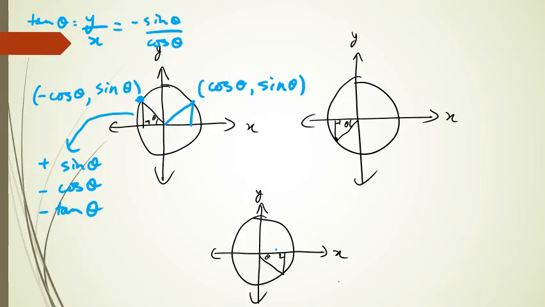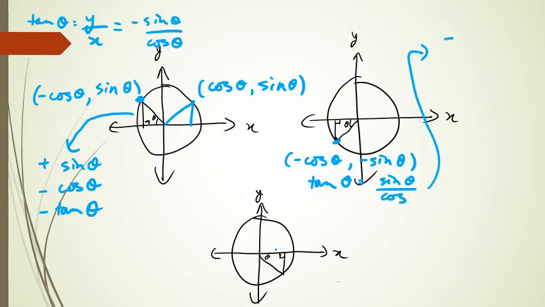Alright, this one, what's the thing that's changed? Sine, now is cos still negative? So what does that mean for tan theta? So that means, as a summary for this one, we have negative sine, negative cos, but positive tan.